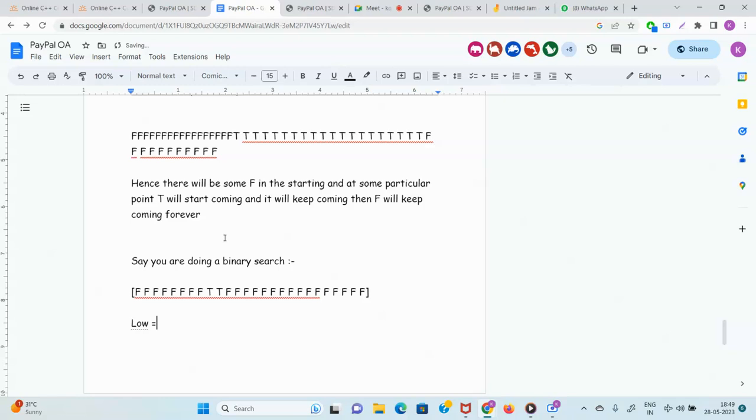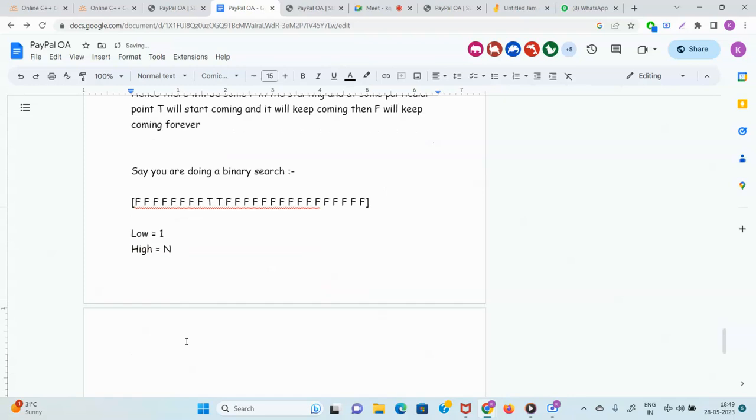Low will be 1. What will be the high? 1, 2, 3, 4, 5. It will be something, guys. Let's say it is n. What will be the mid value? Mid will be (1 plus n) by 2, that is, low plus high by 2.